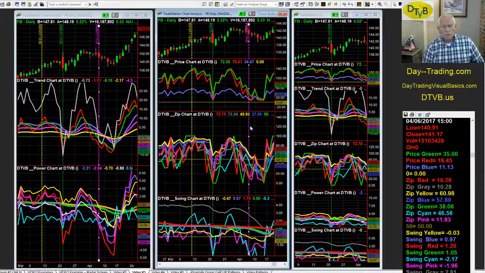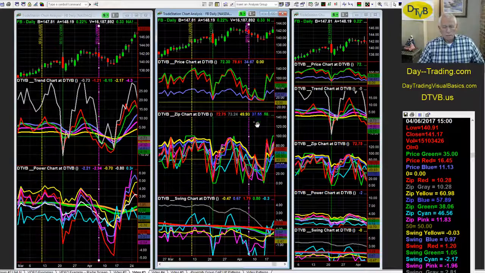And so there's no real strong ability. How do I say this? I can't say there's no desire. It's not there. You can recognize the power in the indicators, and you can see it, but you need to understand it. And when zip green is at 38, people aren't necessarily leaving the market.